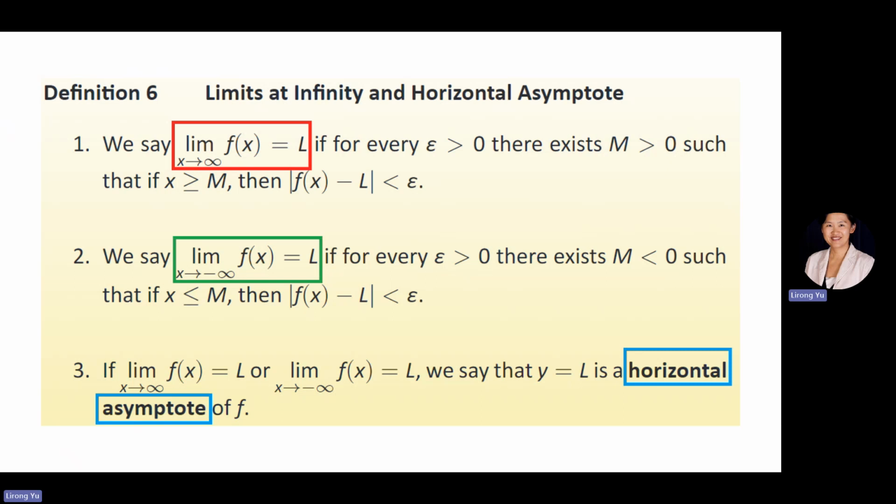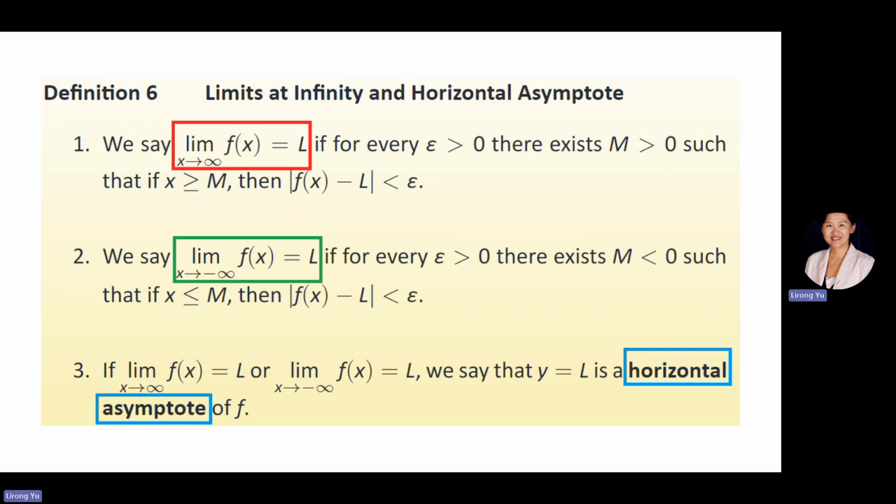All right, so these are the definitions for the limit at positive infinity and the limit at negative infinity, and then we have a two-sided limit. Suppose these two are equal to the same thing, then we have a two-sided limit. Whenever this is true, we'll say that we have the horizontal asymptote.